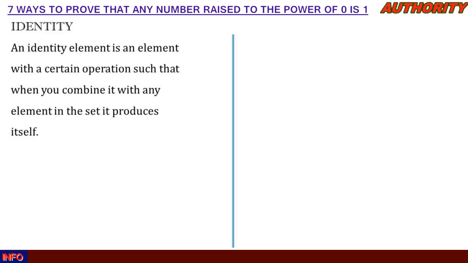When you have a set, that set may contain an identity element. So when you pick that identity element and perform a certain operation with any of the members of that set, it produces itself.